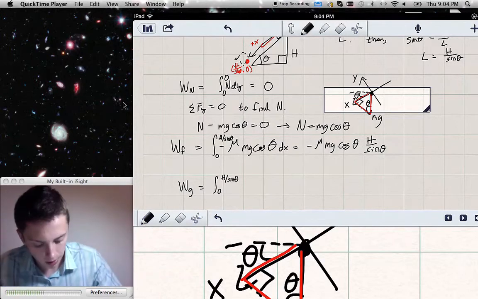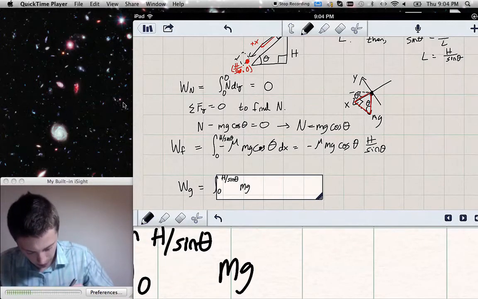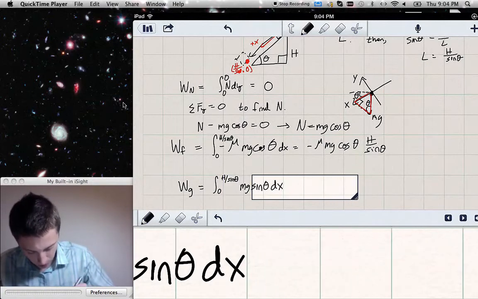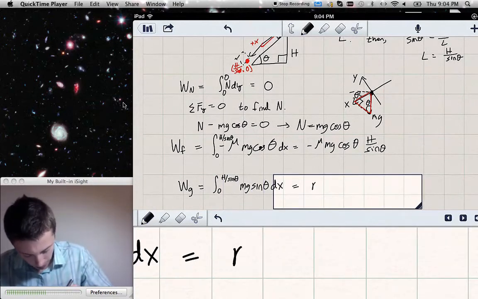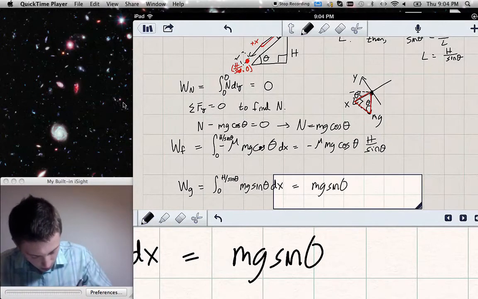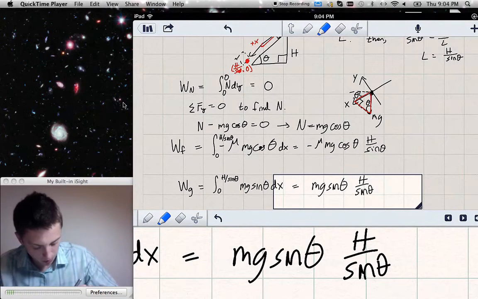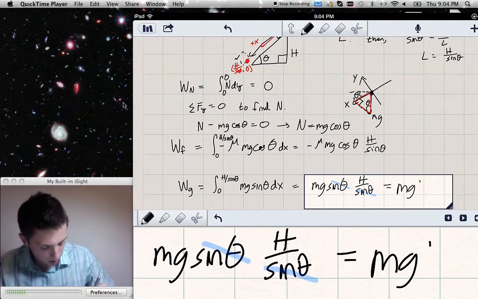It is going to be mg sine theta, positive because we have a positive x component, dx. And this is equal to, well, it's a constant integrated over x, mg sine theta times h over sine theta. The sine thetas cancel, and we just get mgh for the work done by gravity.